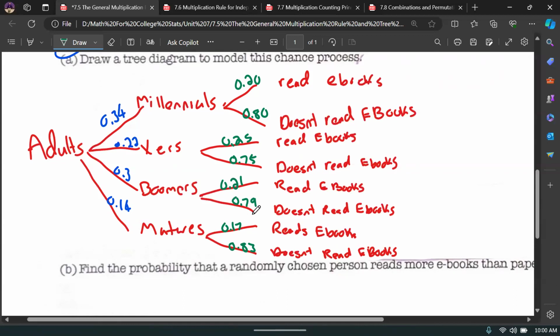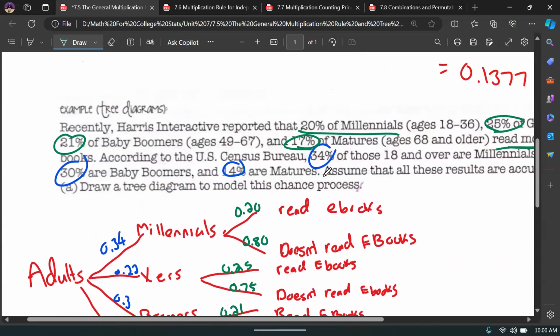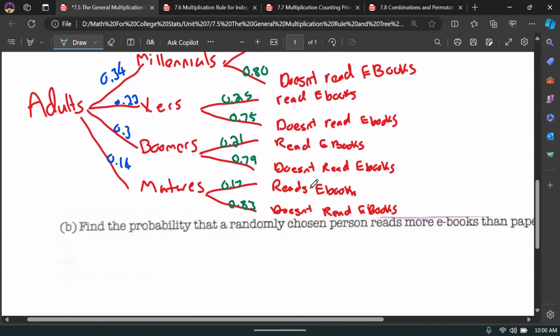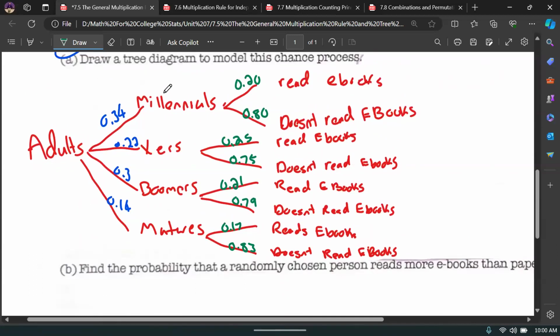Now, just to help you understand the breakdown, because we saw all these percentages, it's kind of a double layer thing. Here we have the generations and nothing to do with ebooks. We just have how many people in the country are millennials, Xers, boomers, and mature. So this is just a population breakdown, right? Then over here, we break down each generation's ebooks and not ebooks.